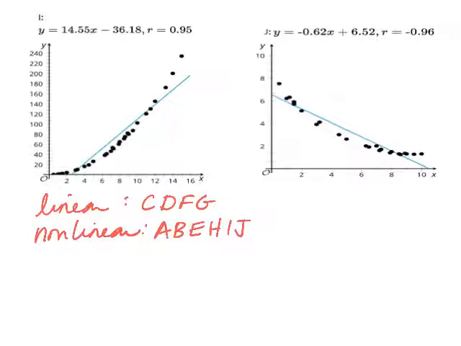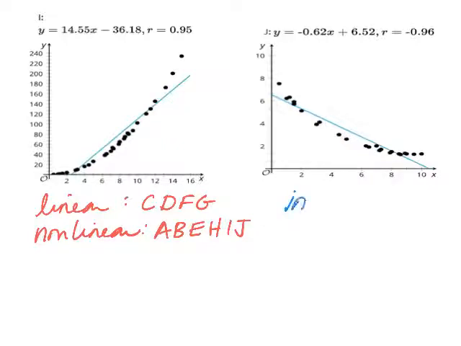Another set of splits that you could have done were scatter plots that were increasing versus decreasing. And of course, there were some scatter plots that were nonlinear, that were neither increasing or decreasing.